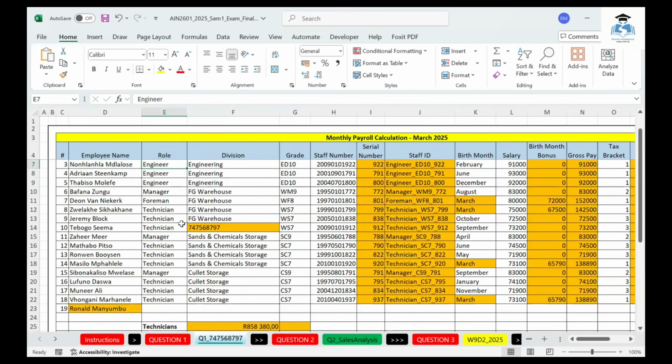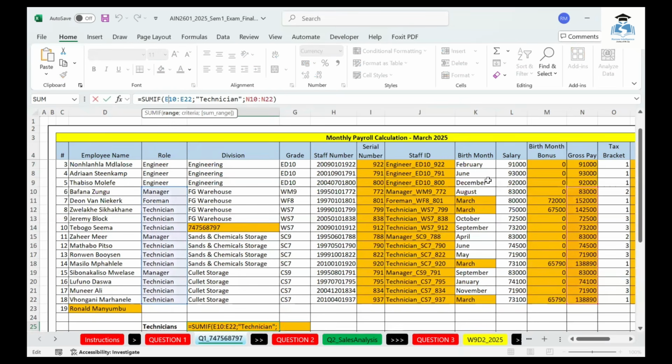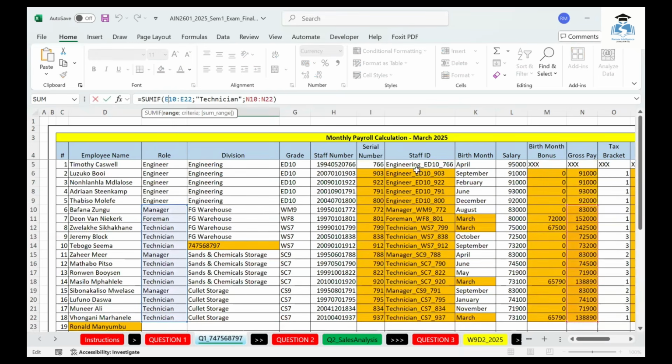We are starting from E5. Take note of that. You see what is happening. Imagine by then you would have said, I'm done. So we are starting from E5.